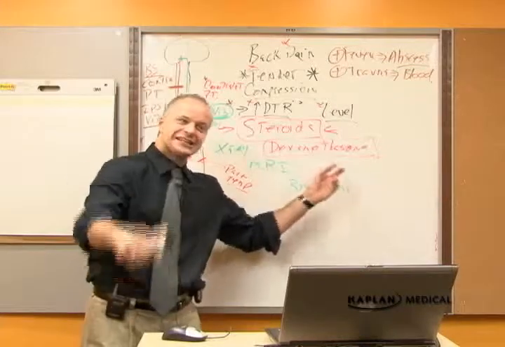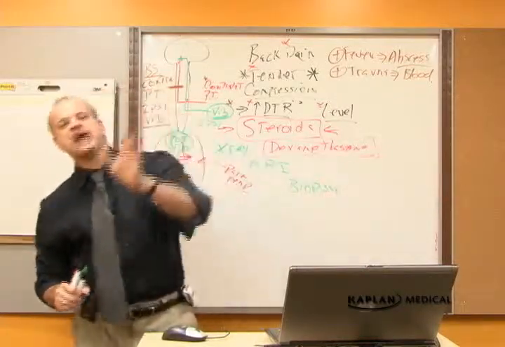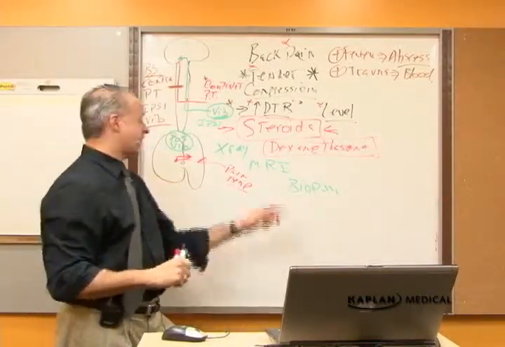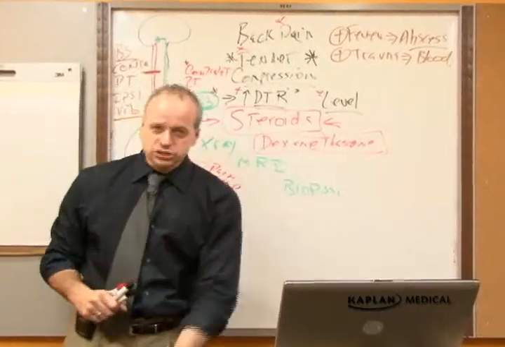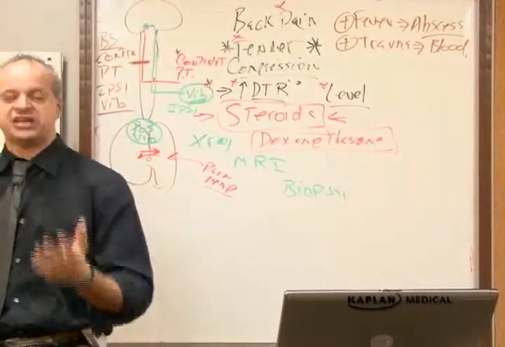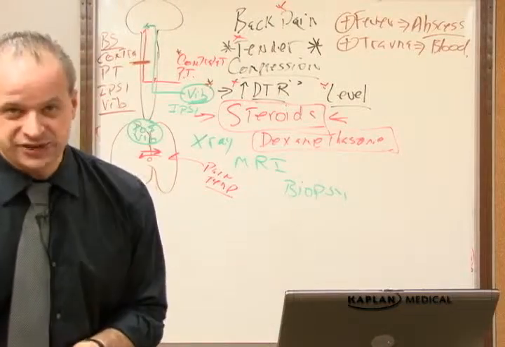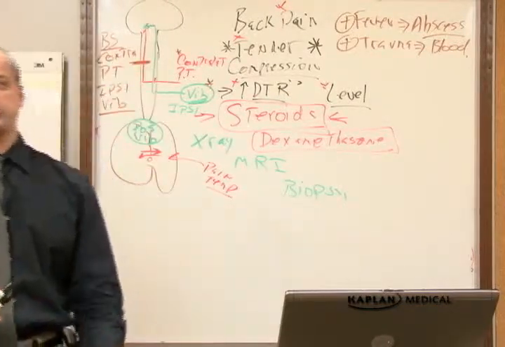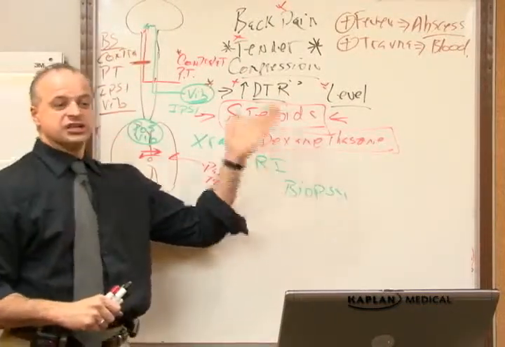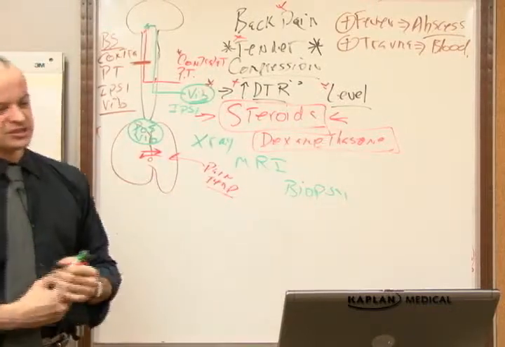Glucocorticoid means it has anti-inflammatory activity. Mineralocorticoid means it acts like aldosterone. So the steroid you use is dexamethasone.